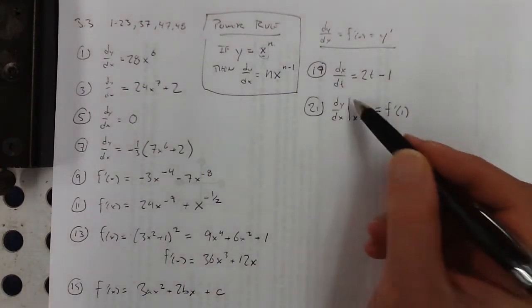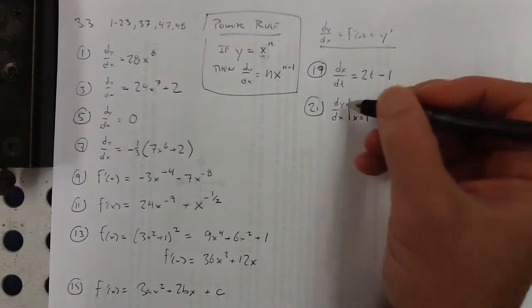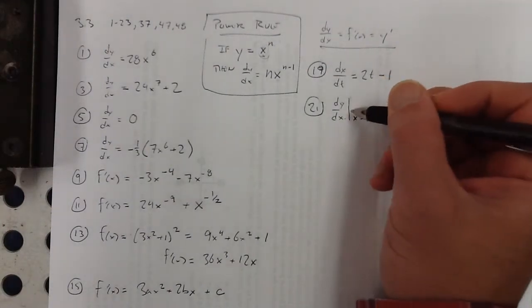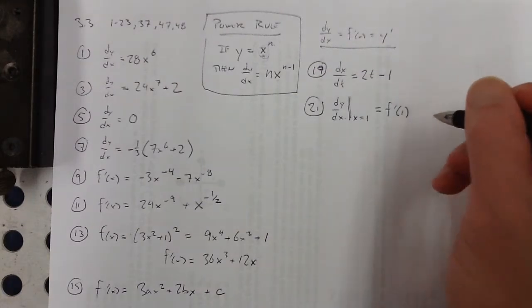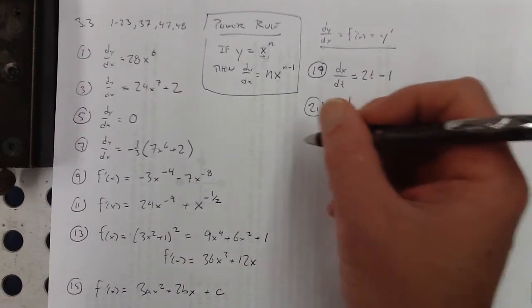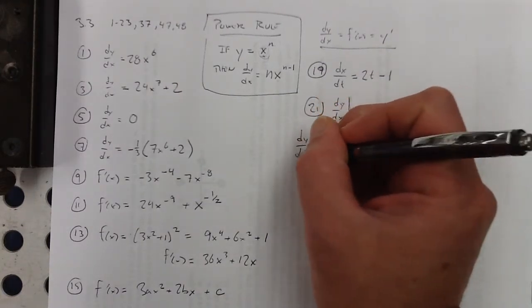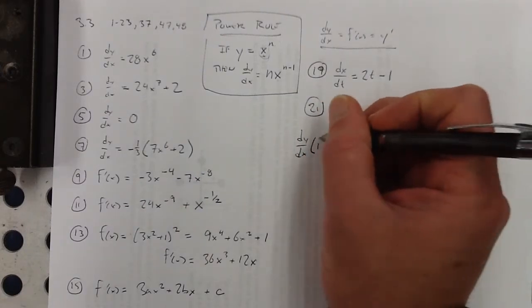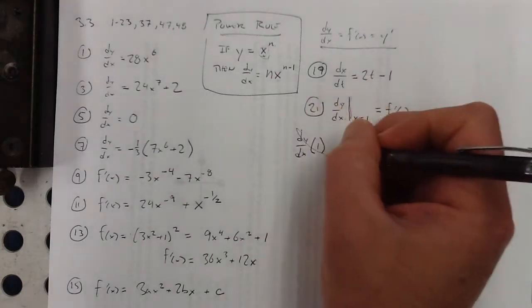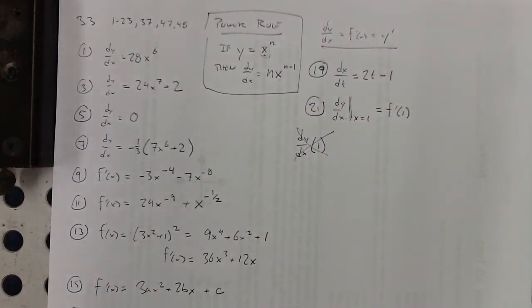Why would you write it this way when you could just write it this way? Well, if you have the dy dx notation at x equals 1, then that's how we do that. I don't know why exactly, but we don't do dy dx of 1. That notation is just not done. So this is how we write it. So it just means find the derivative and plug in 1.